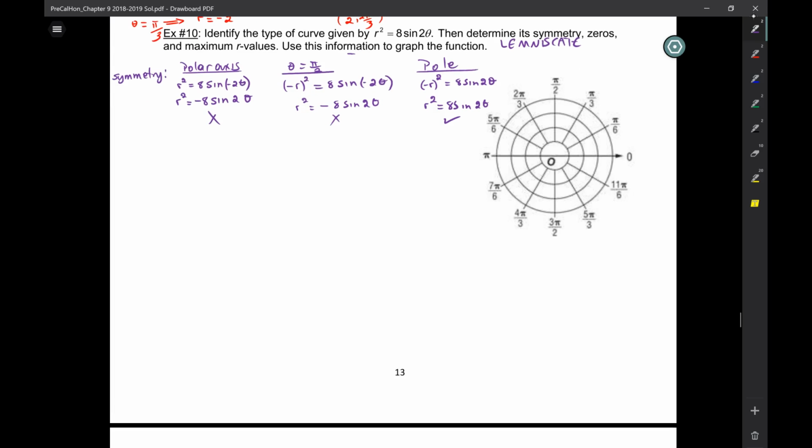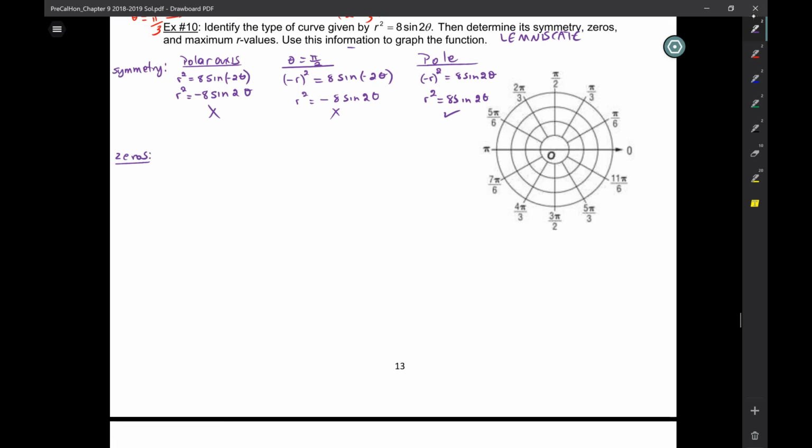Okay. Now for the zeros. This is a sine function. Where is sine equal to 0? When the angle is equal to what? Sine is 0 at 0, pi, 2 pi, and so on. So here's what I'm going to do.